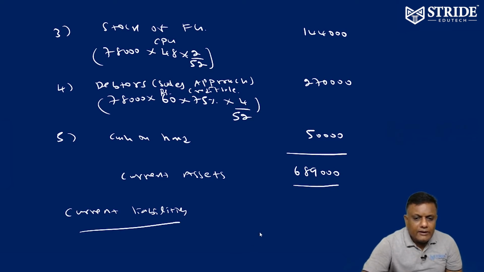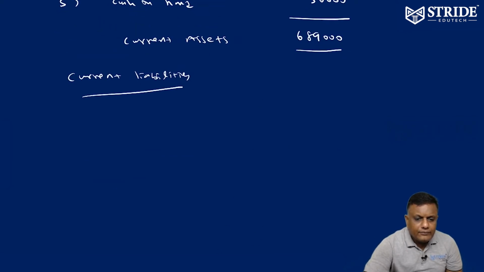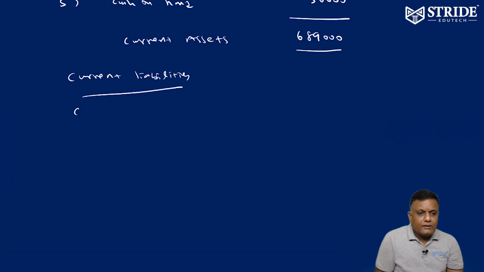Current liability comes under number 1, creditor for raw material. So 78,000 units we purchased at 36 per unit, the raw material cost per unit, from creditors.